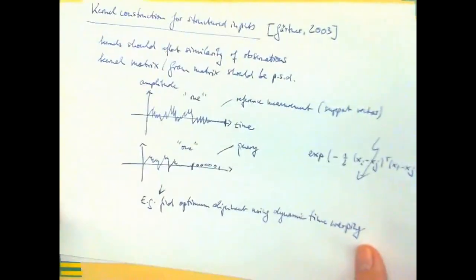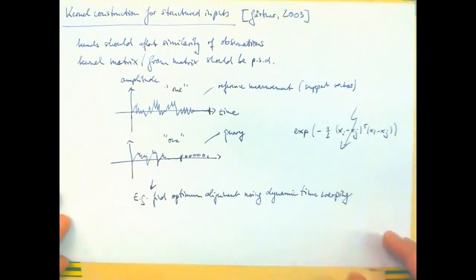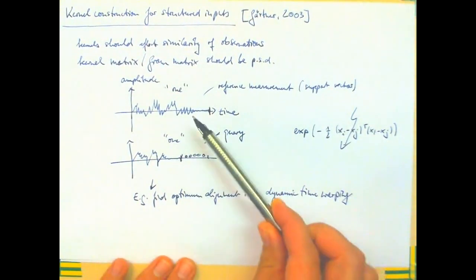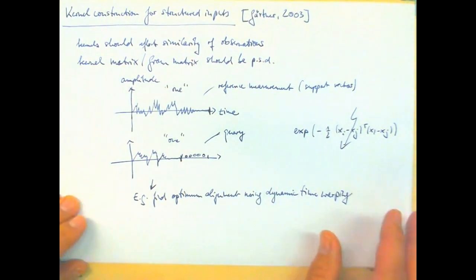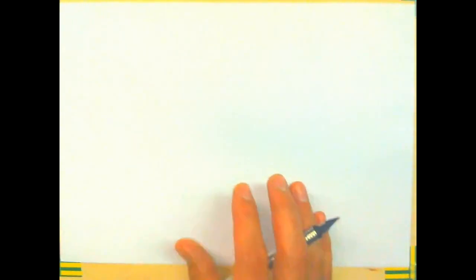Yes. How would you parameterize this with support vectors? The thing is that this entire thing is a support vector. So yes, you would have some abstract.